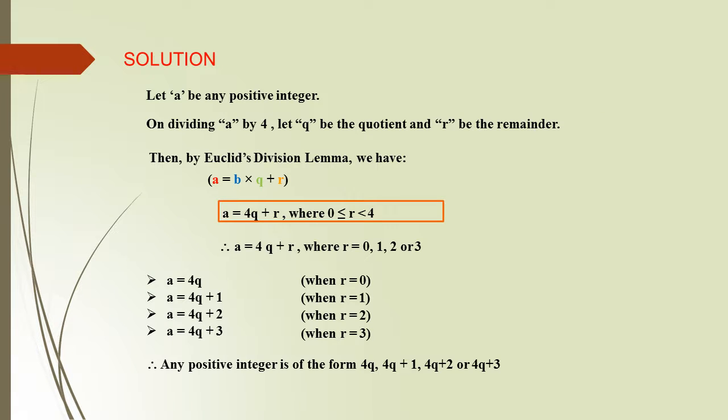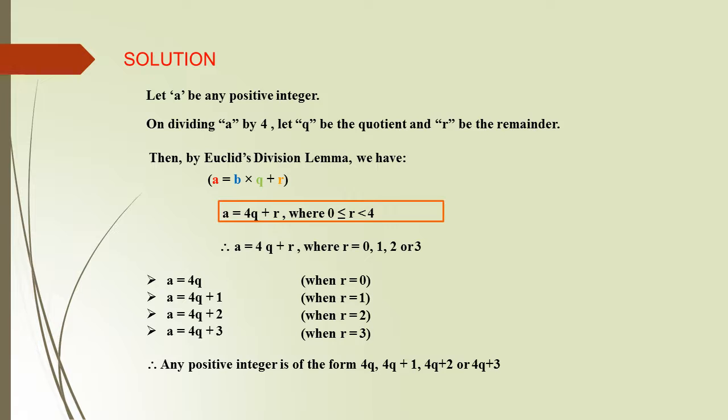Let a be any positive integer. On dividing a by 4 we get q as the quotient. Now we'll put the values of r as shown. With these arrows I've shown that a is equal to 4q, since 4q + 0 becomes 4q. Any value of q that we take has to be a positive integer, which could start from 1, 2, 3, 4 and so on.